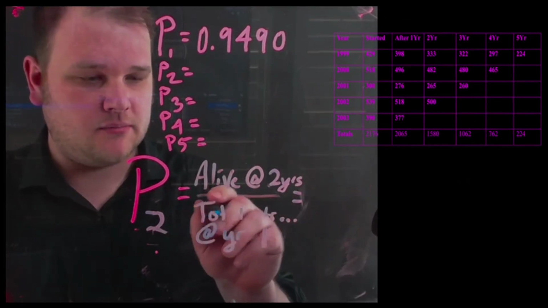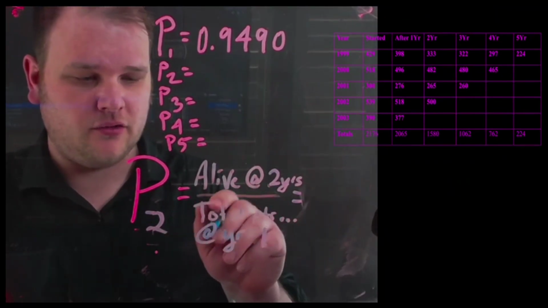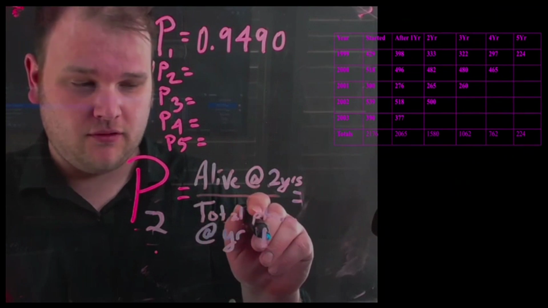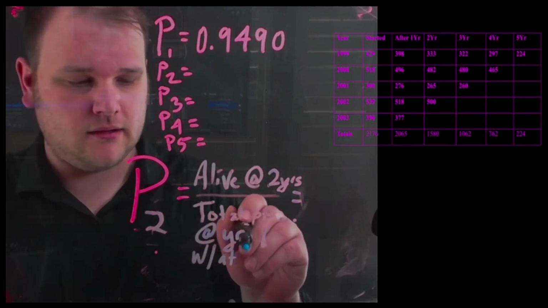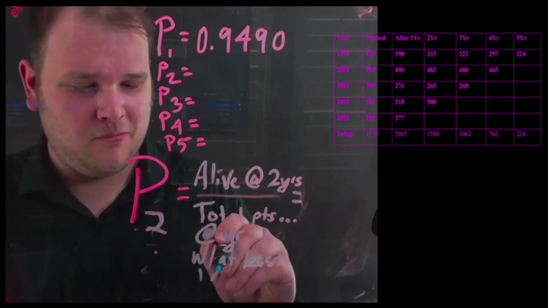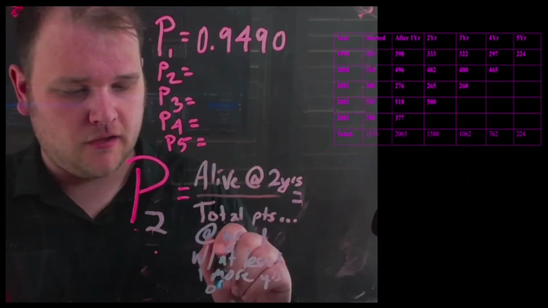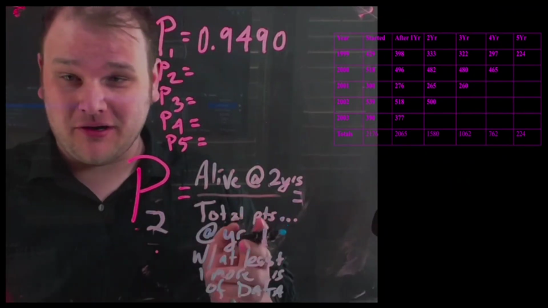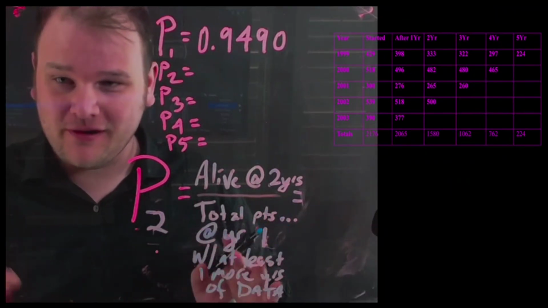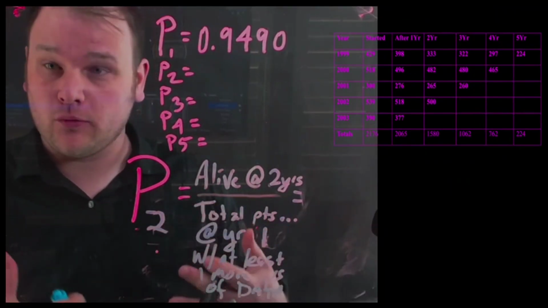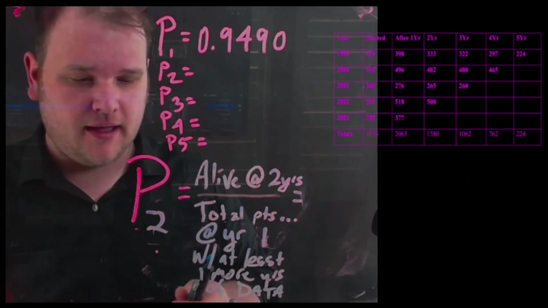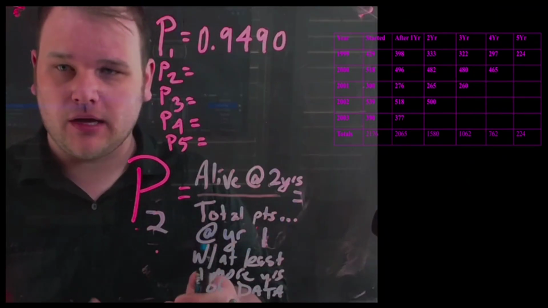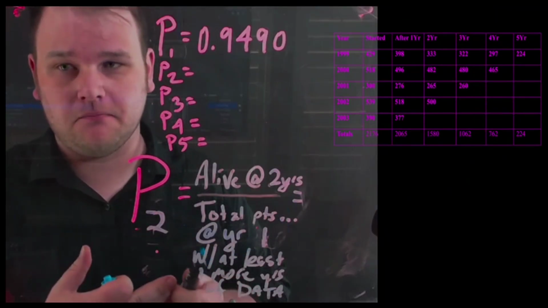So it's going to be total patients after 1 year survival with at least one more year of data. And that's not how you're going to typically write it out ever. That's me putting it into my own words conceptually to understand it. And if that doesn't make sense to you, I would suggest you do the same.